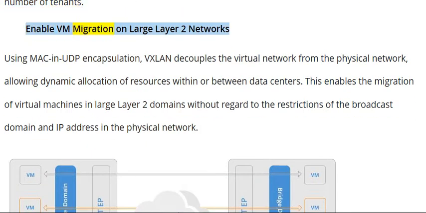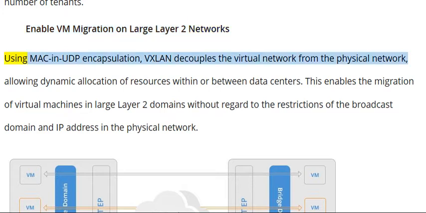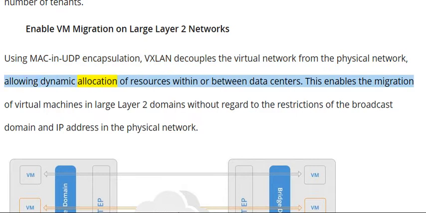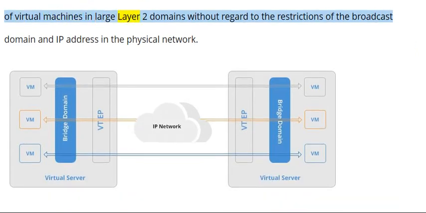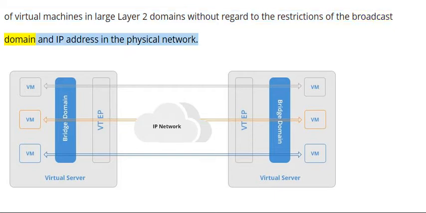Enable VM migration on large Layer 2 networks. Using MAC-in-UDP encapsulation, VXLAN decouples the virtual network from the physical network, allowing dynamic allocation of resources within or between data centers. This enables the migration of virtual machines in large Layer 2 domains without regard to the restrictions of the broadcast domain and IP address in the physical network.